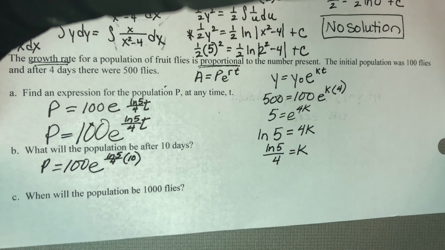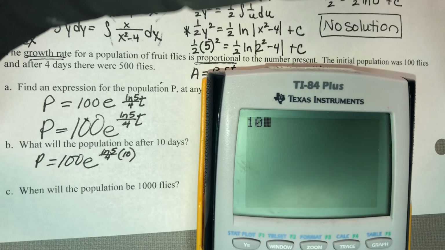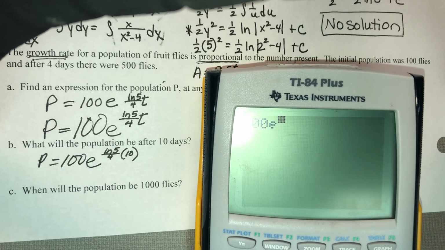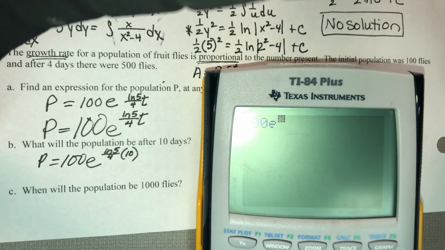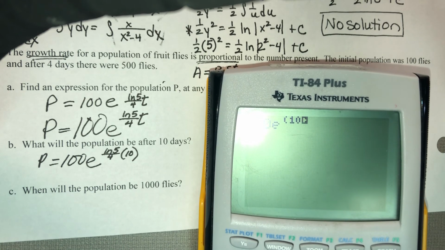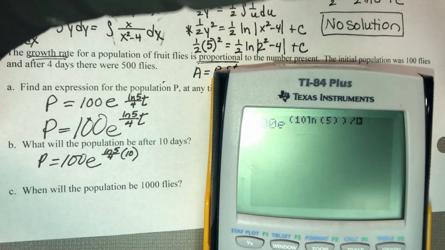And you could do that with your calculator if it was a calculator problem, which it likely would be, or else you'd just leave it like that. 100 times e to the power of 10 times the natural log of 5 divided by 4.